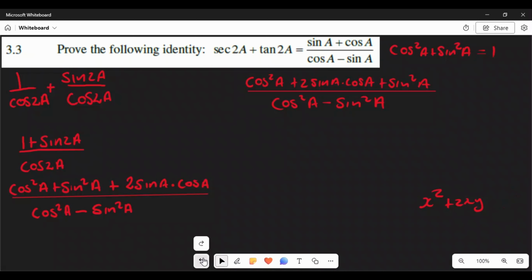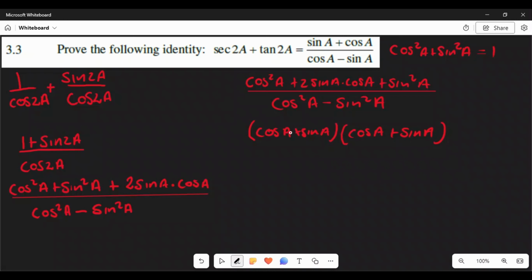So let's factorize our numerator. If we factorize the numerator there, we'll have cos a plus sine a, multiplied by cos a plus sine a.